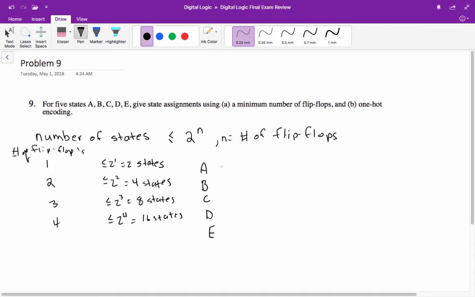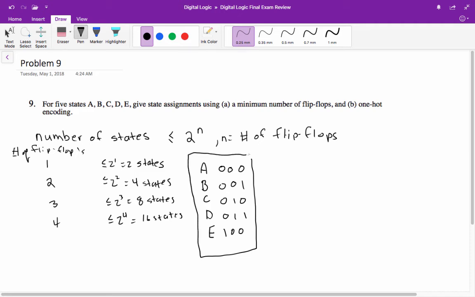I'm kind of boring, so I'll just do them in order: 000, 001, 010, 011, and 100. So that's the answer to part A.